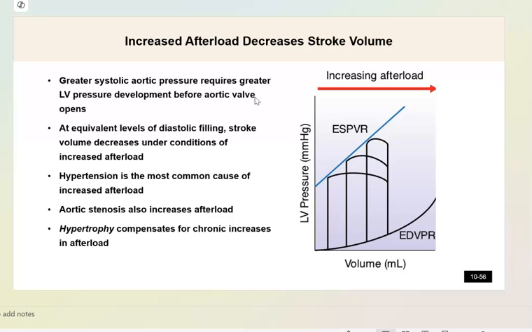So now when you look at that, in terms of afterload, the effects of changes in our afterload can also be depicted with our pressure volume loop. Remember, as the aortic pressure increases, the stroke volume is going to decrease. So the harder it is to get the aorta to do what I need it to do, I'm not going to be able to get as much volume out.